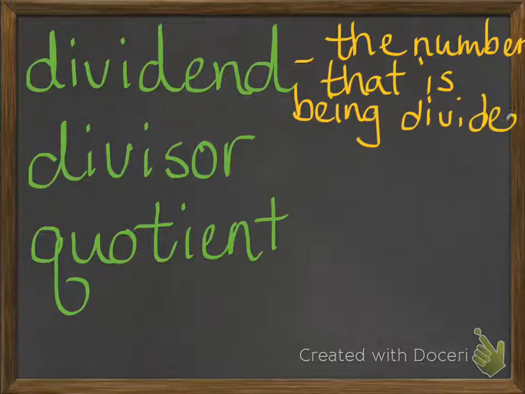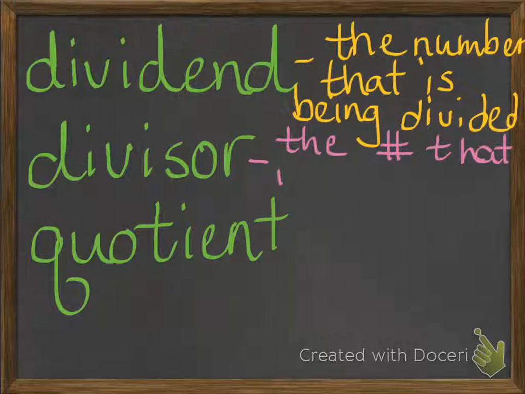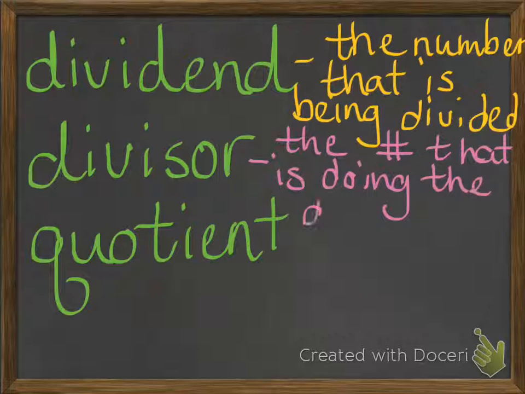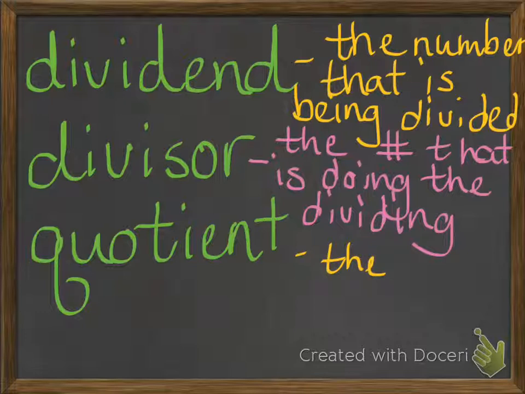A divisor is the number, I'm going to put the sign for number, the number that is doing the dividing. And then the quotient, our last one, is the answer to the division problem.